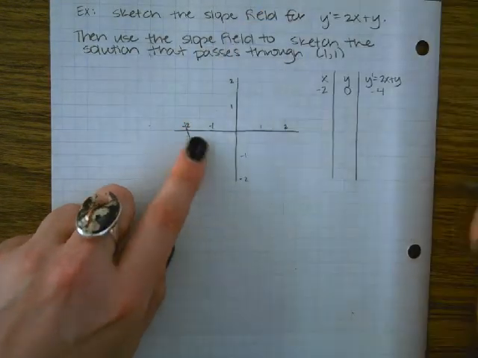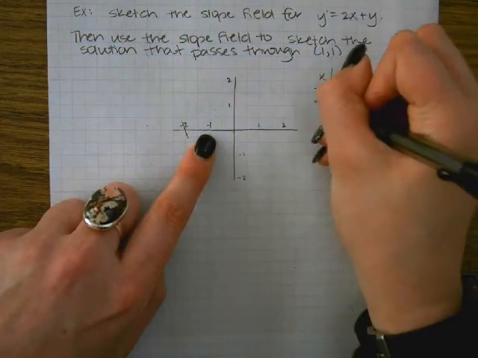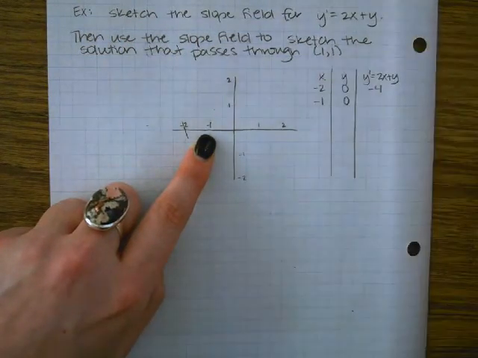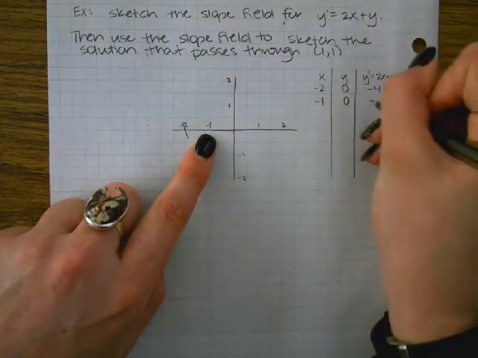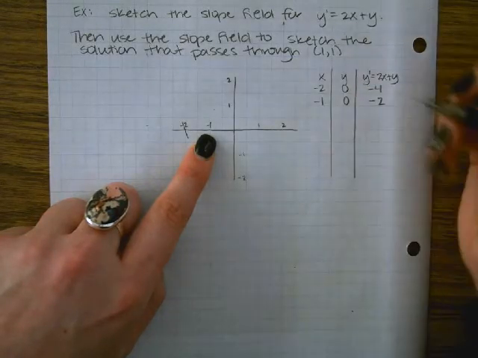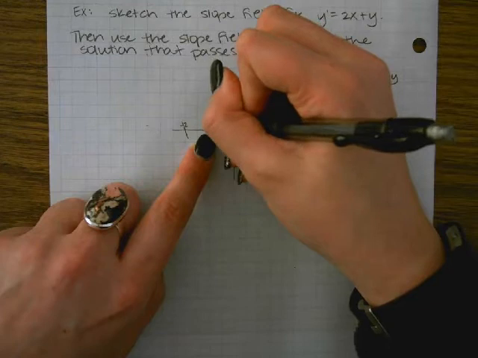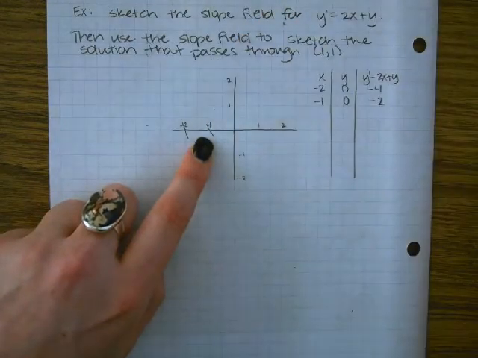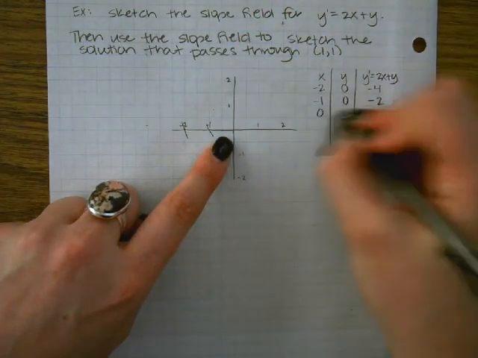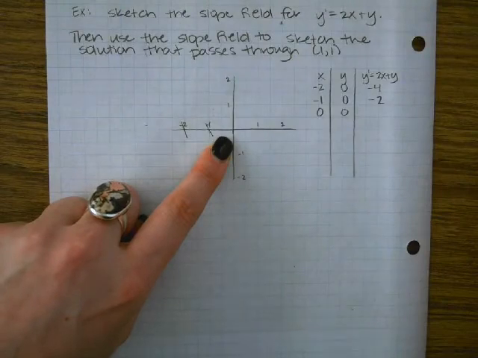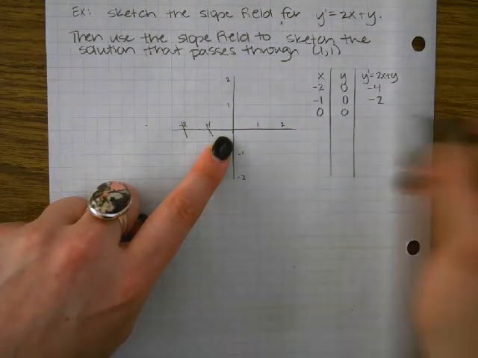Here's -4. How about the point -1, 0? It's a slope of -2, so we're definitely less steep. How about the point 0, 0? It's a slope of 0.